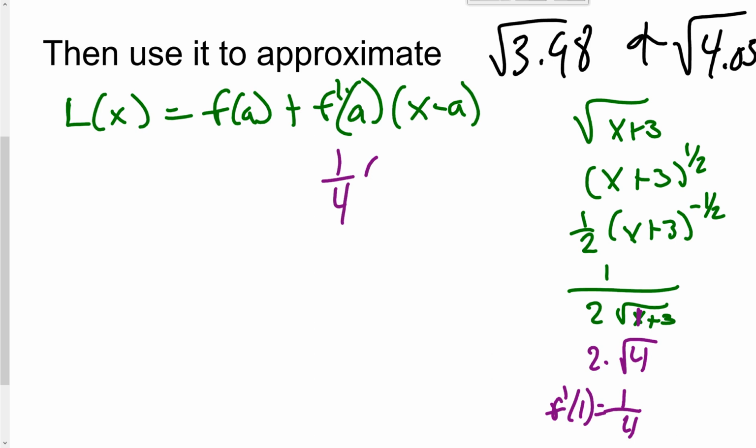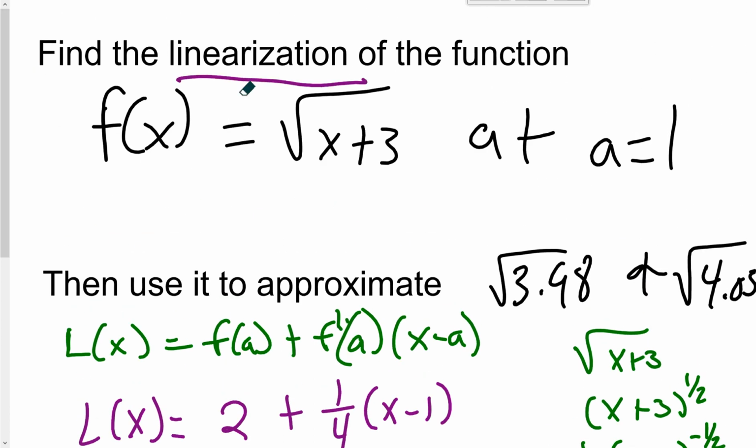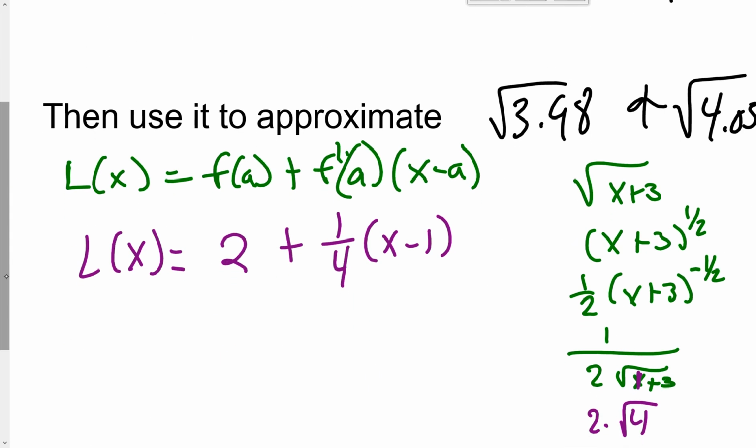So that's 1/4 times x minus a, which is 1, plus f of 1, so that'd be plugging in 1, which was square root of 4, which is 2. So there's my linearization. So that's linearization of my function.